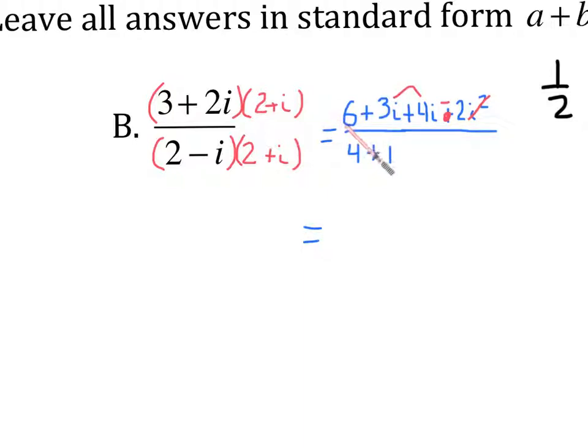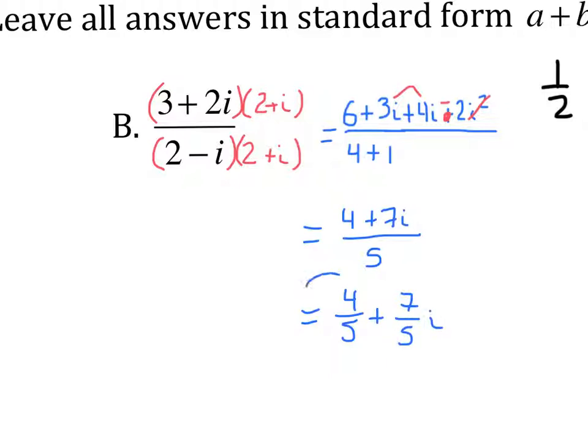Here I have 6 minus 2, so that'll give me a 4. Then I have these two become 7i, and the denominator is 5. We're not done because I need to put this in standard form, so I split the fraction and leave the i on the outside. And this will be my answer.